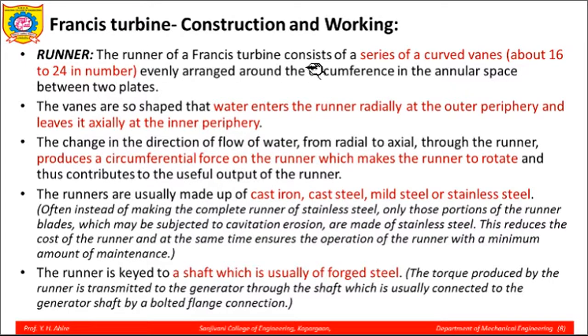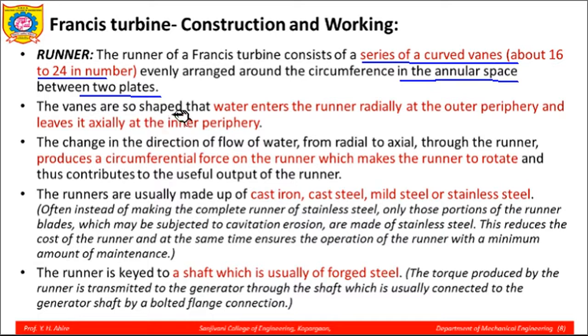The runner of a Francis turbine consists of a series of curved vanes, around 16 to 24 in number, and they are evenly arranged around the circumference in the annular space between two plates, right? These are a series of curved vanes placed in the annular space between the two circular plates.